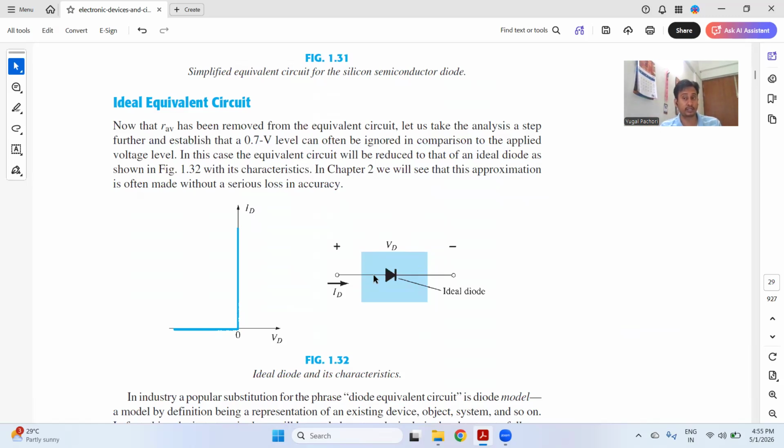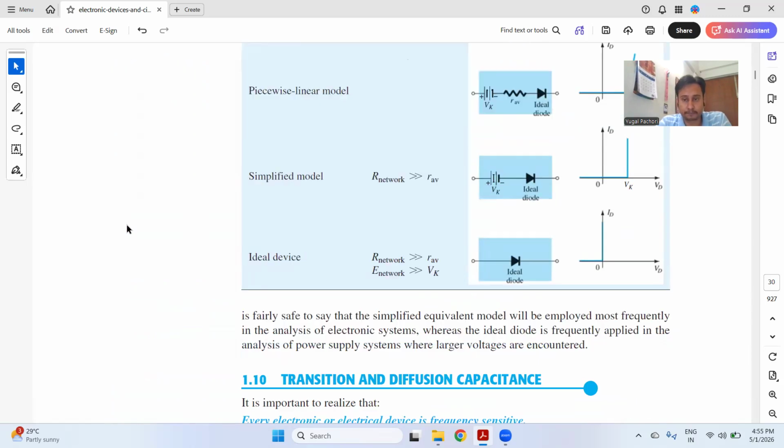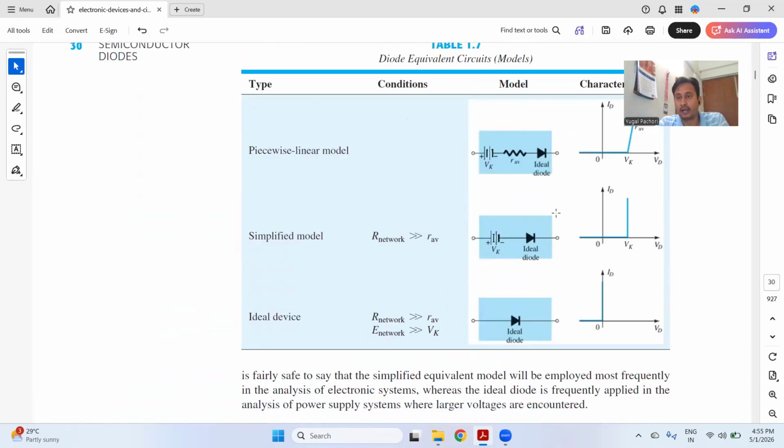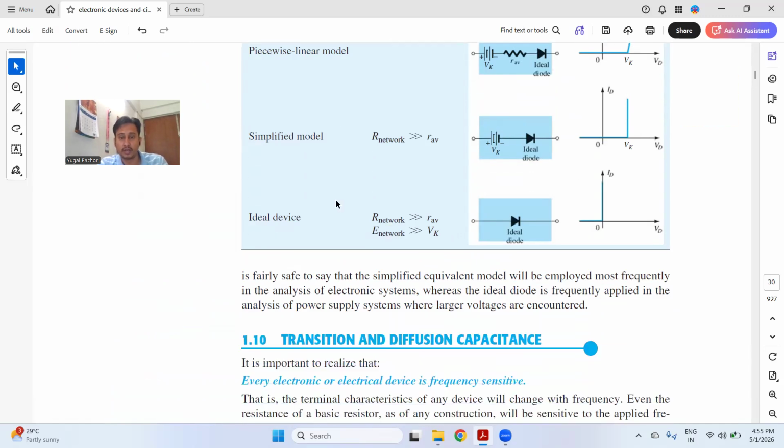But the ideal diode does not exist in reality. It is a hypothetical model, or we try to achieve ideality in terms of the diode. Now, you got the point of what I'm trying to say, as you are a student of electronics. You can see this particular summary table over here. This is the piecewise, this is simplified, and this is the ideal. You can take a screenshot and continue the discussion.